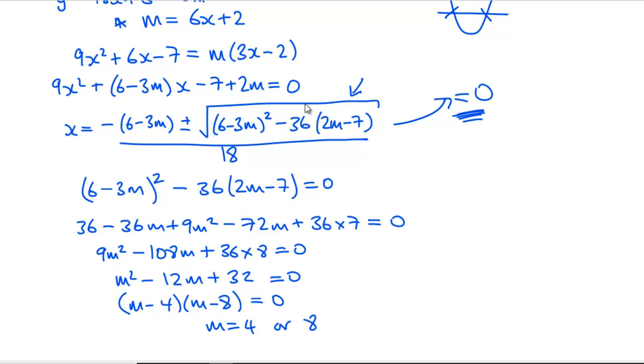If we had values of m that gave us anything else inside this square root, then we'd get a plus or minus for each one, which would double them up, and we'd have 4 solutions.